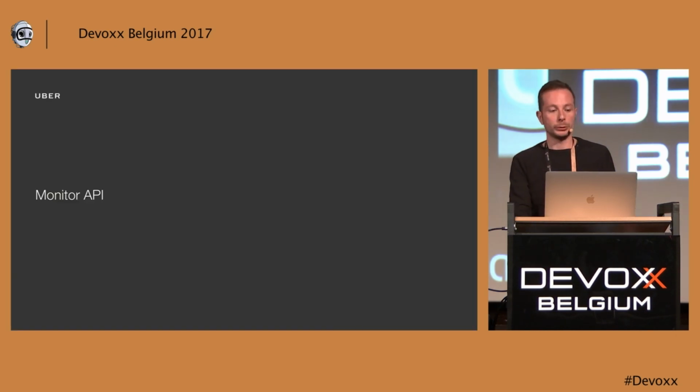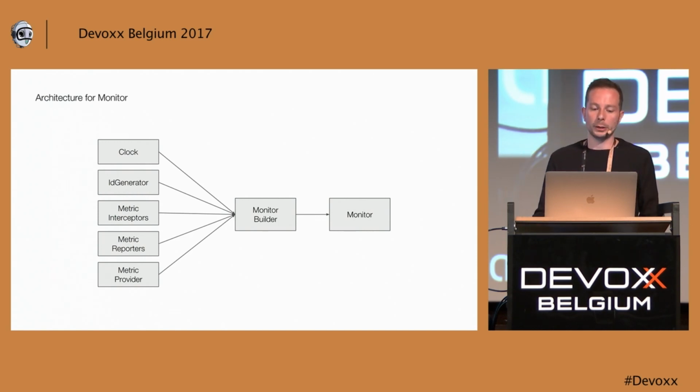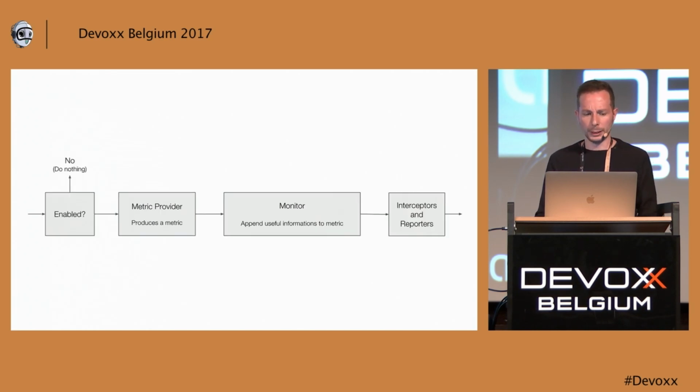Let's see for a moment how the monitor API works. The architecture is similar to the one of the tracer. Again, it's very configurable, and there is a builder where we set all these objects, and then in output it generates this monitor. Specifically, this is the data flow. Again, it's enabled or not.